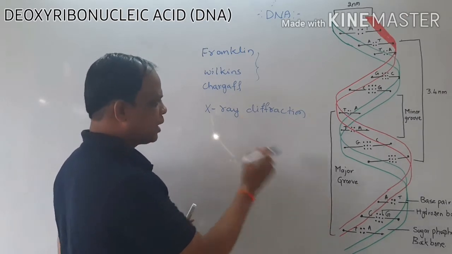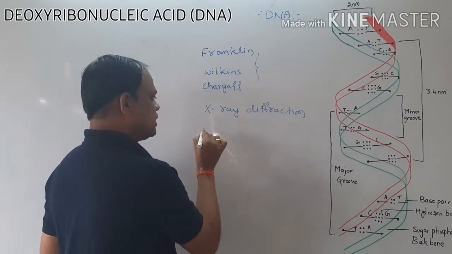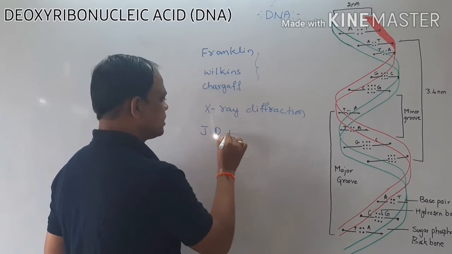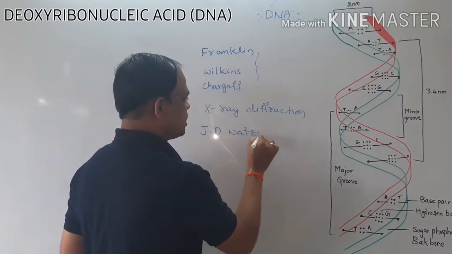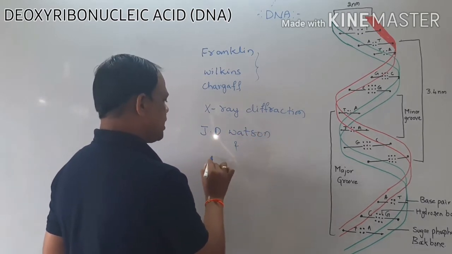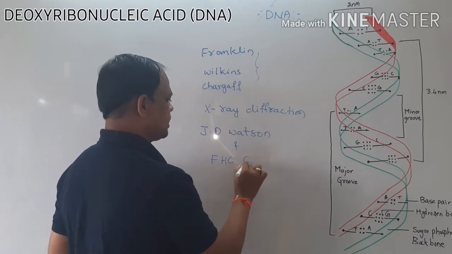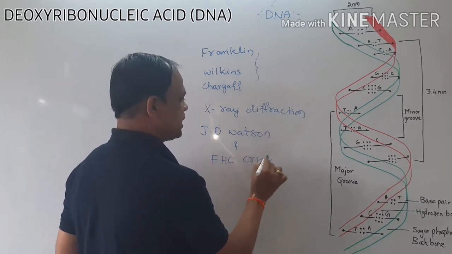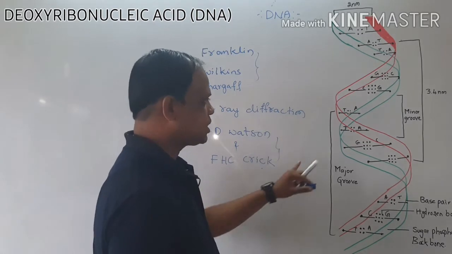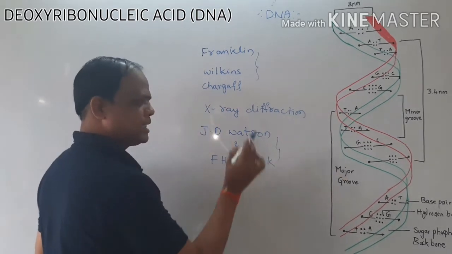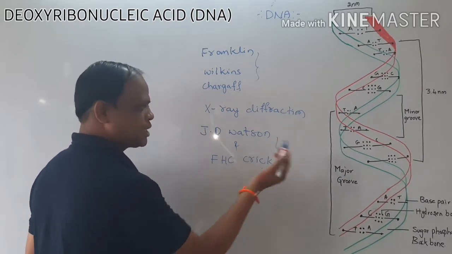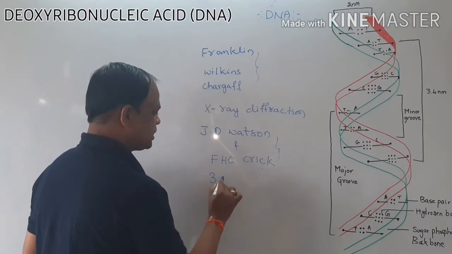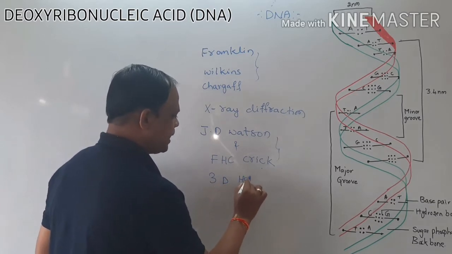Then, based on this study, J.D. Watson and F.H.C. Crick invented the double-stranded DNA helix model, the 3D helix model.